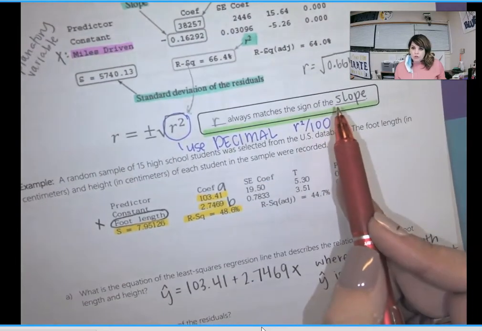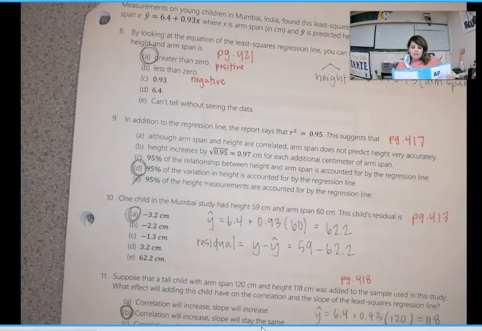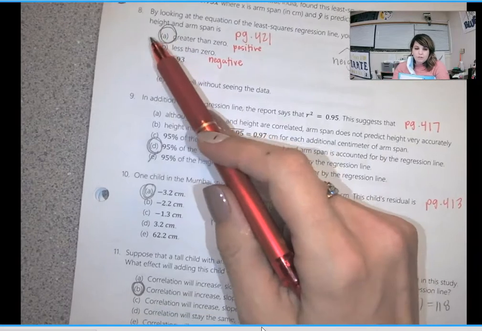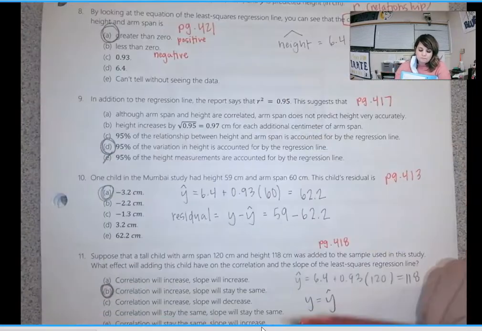So if the slope of your line is positive, then your relationship is positive. So we can conclude A. We can say our relationship is positive.